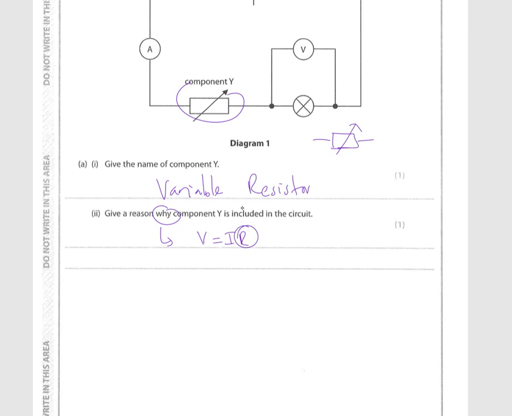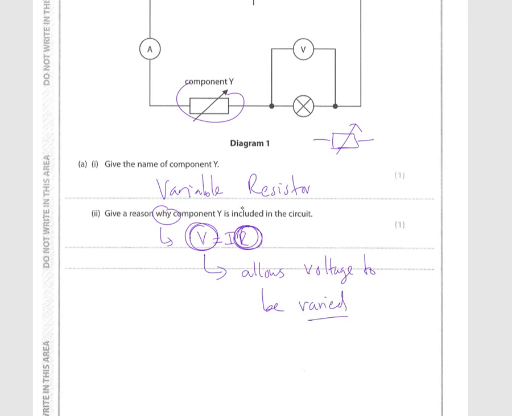if we are changing R, it means that voltage is changing. So therefore, we use it because it allows the voltage to be varied.